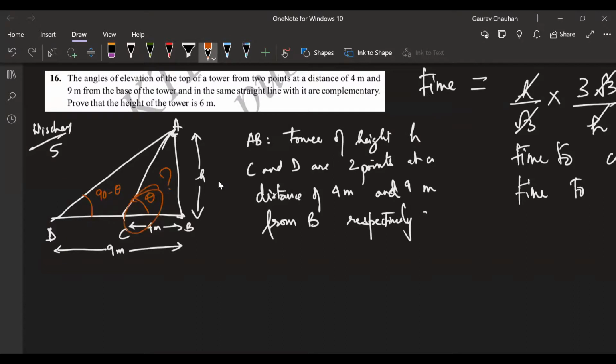Why are you taking this as 30? I said it is theta. We don't know what the angle is. It can be, if you want, you can write x. You can write this as 90 minus x. Okay, good with that, Dilruba?